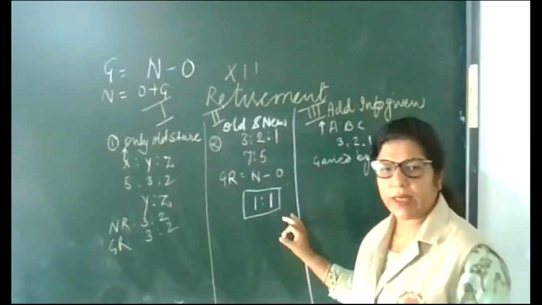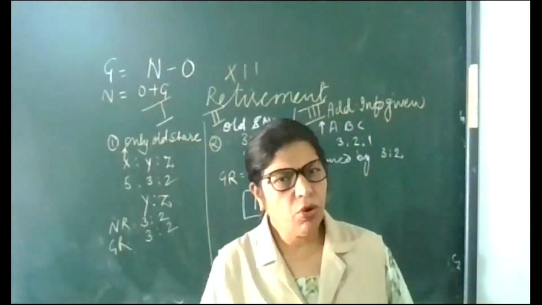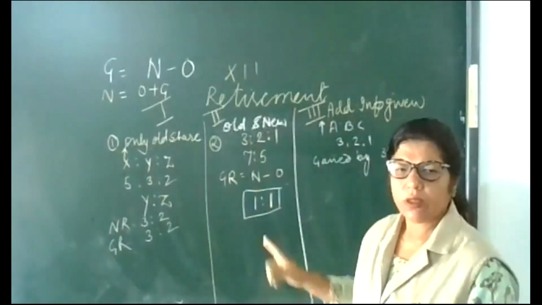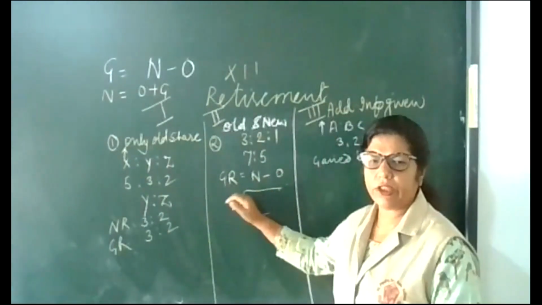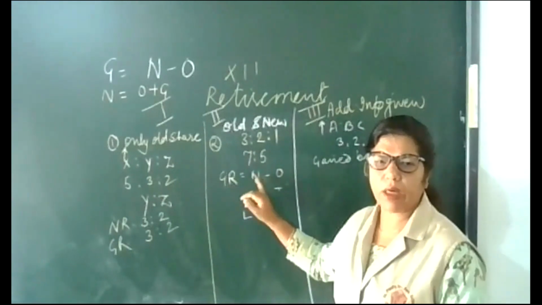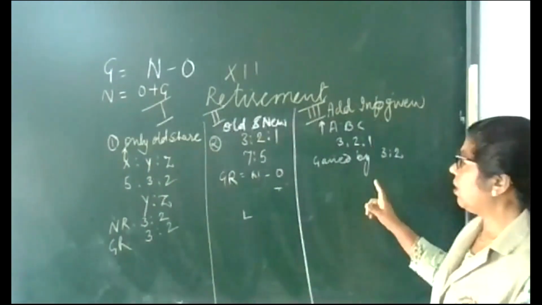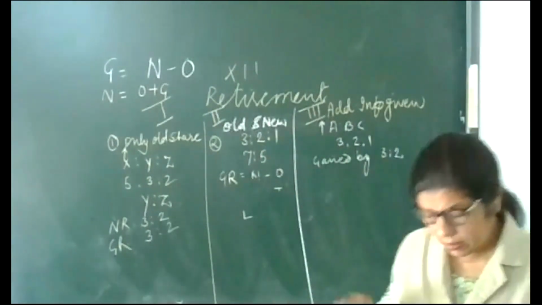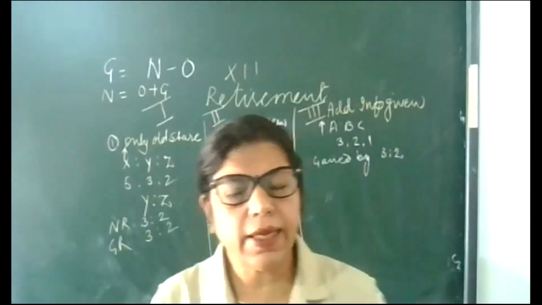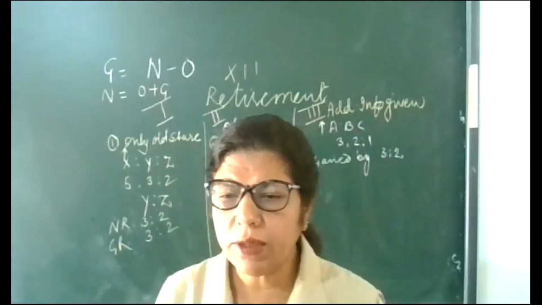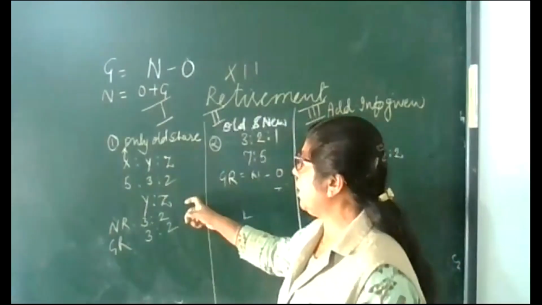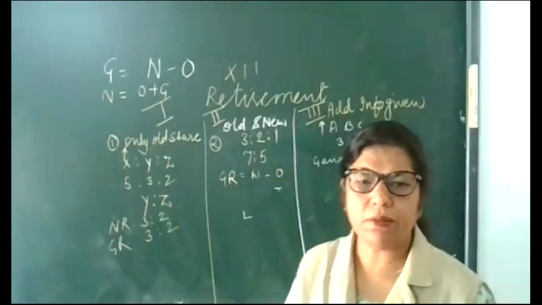Now come to the second method. Old and new both given, then you will calculate the gaining ratio by new minus old. The third method is a little bit extra. The third method is the combination of the first and second methods.